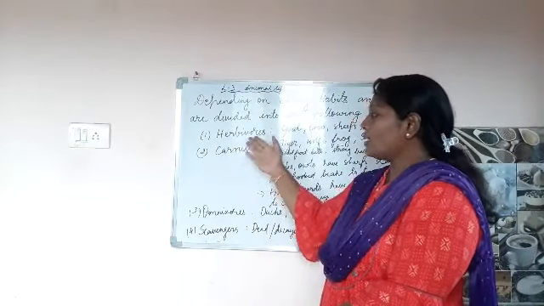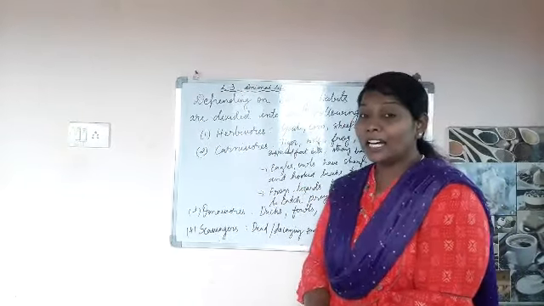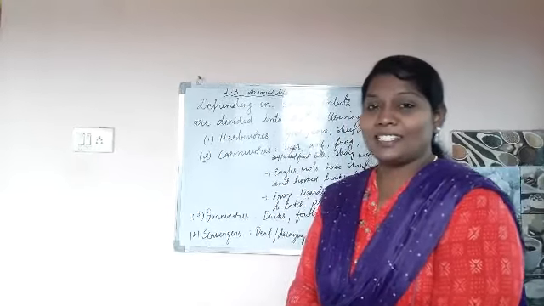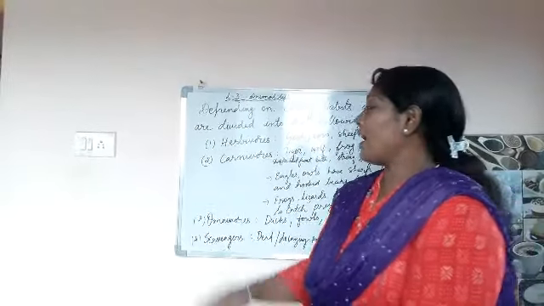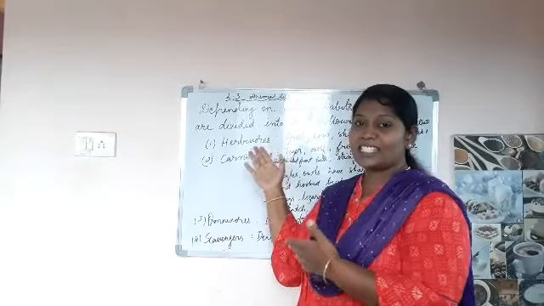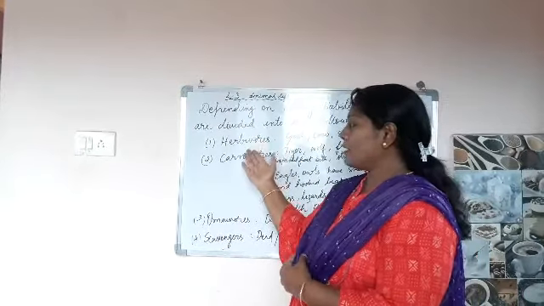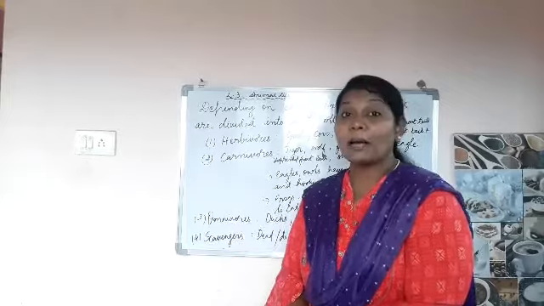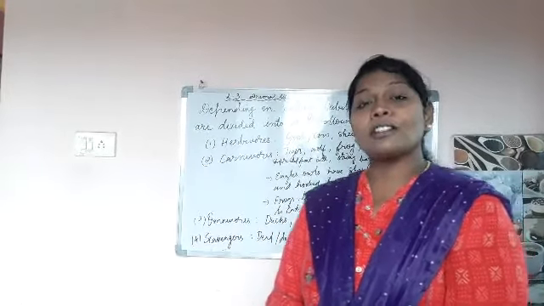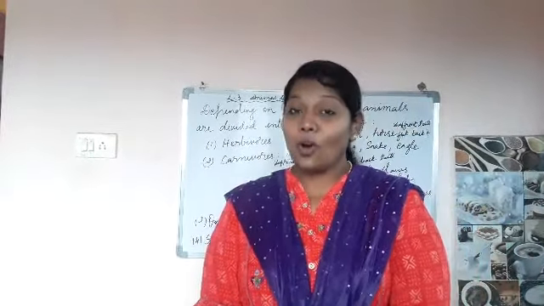Okay, what is a herb? Herb means a small plant. Yes. The animals, vores means animals. The animals which are depending upon the plants for their food are called herbivores.